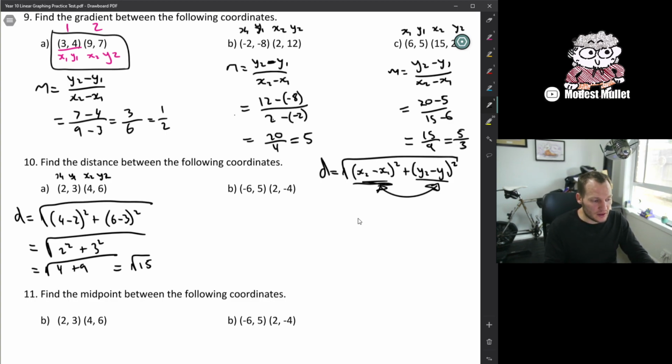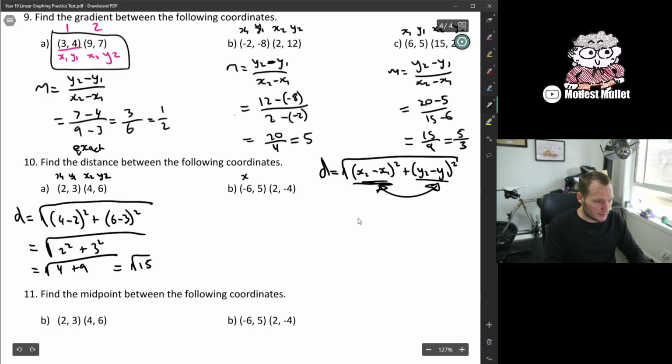You could then put that in your calculator if you wanted to, or you can leave it as the square root of 13. That's completely fine. If the question says find the exact distance, you must leave it in the square root sign. You can't give it to us as a decimal.